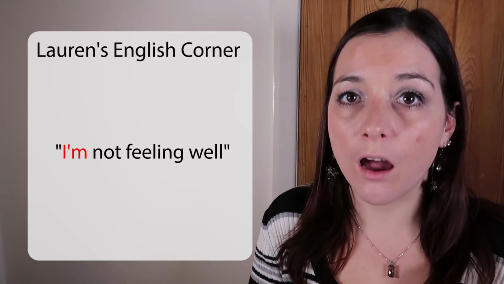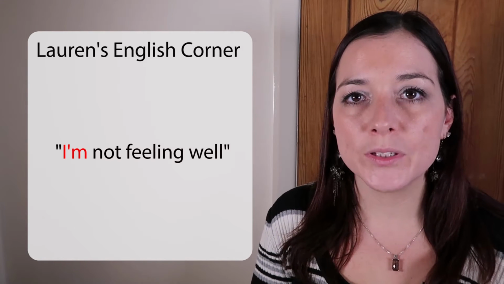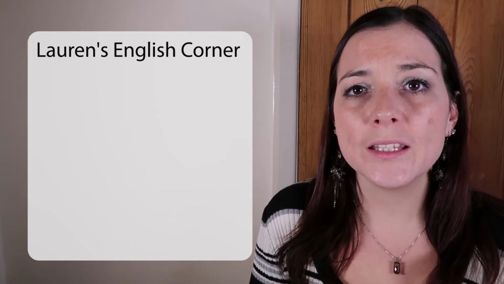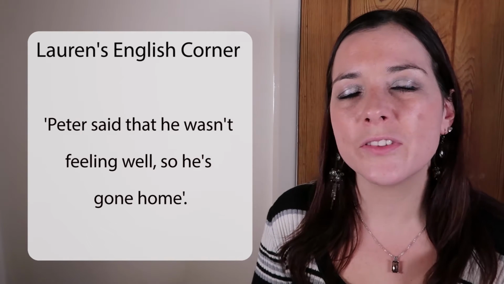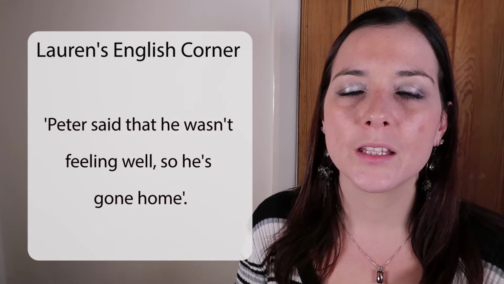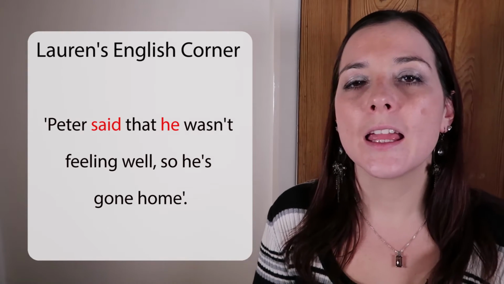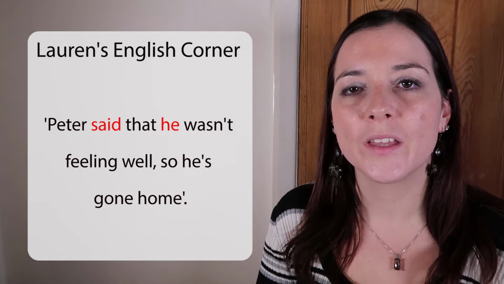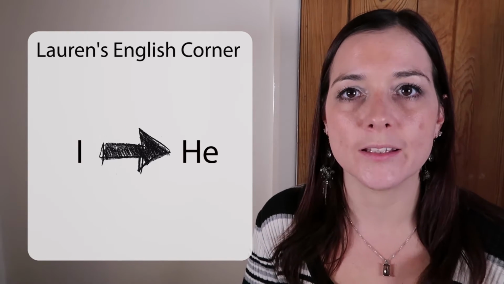However, if I was to use the reported speech, later on in the party somebody says to me, "Where's Peter?" I could say, "Oh, Peter said that he wasn't feeling well, so he's gone home," or "he left." So here the I has to change to he for Peter.